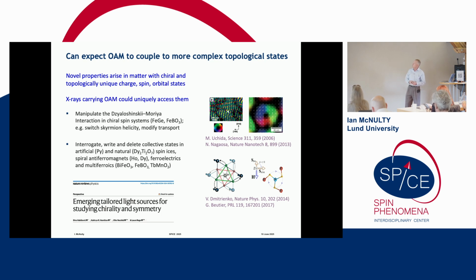There are more complex spin systems in iron germanium and iron bismuth, bismate. But we also might look at artificial as well as natural spin ices, for example, if we could do this at low temperature. Multiferroics, ferroelectrics, and so forth, where systems get quite interesting. We do know these systems are chiral, and we can employ many of the methods that we heard about from Kane earlier, but in the X-ray region, coupled with tuning to resonances to exploit the best contrast.